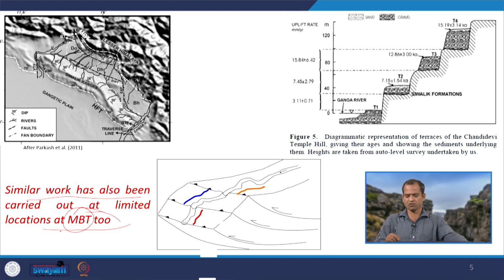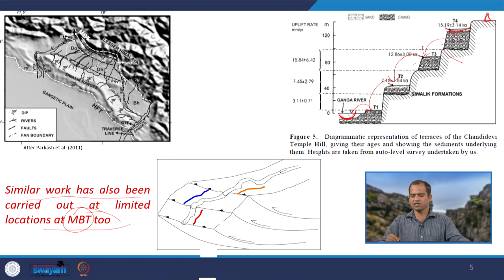Now, in the case of Haridwar, when we are talking about the Chandi Devi temple, the temple is here, and the present day Ganga river is here. Now we have found 1, 2, 3, 4 terraces, that means 4 terraces. Earlier Ganga was flowing here, then due to upliftment it shifted to this place, further shifted to this place, further shifted, and this is the present position.